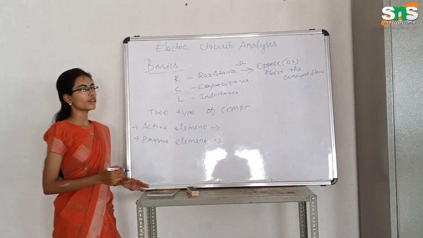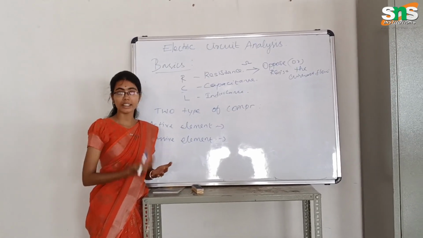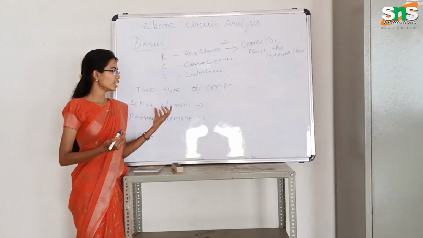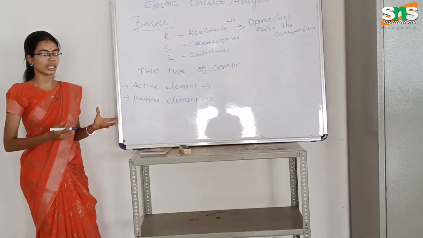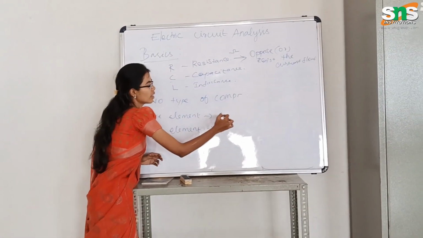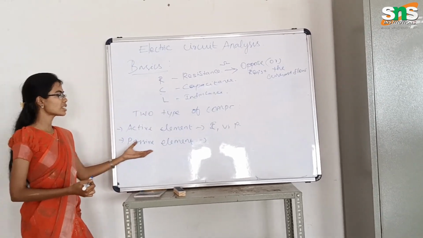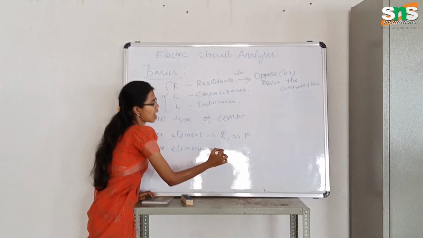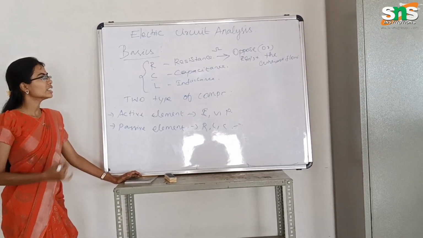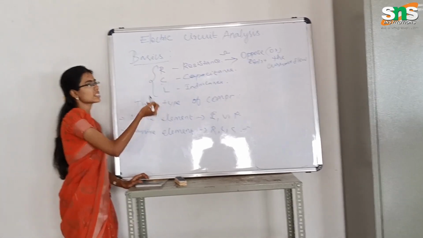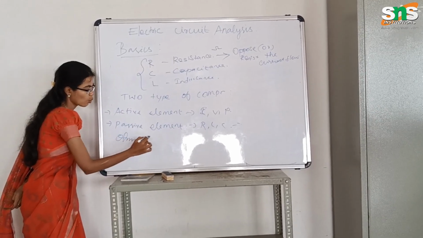In an active element, we have sources as elements. Whether we are using a current, voltage or power, we denote that as an active value, which may be short circuited, open circuited or anything else. So the current I, voltage V, power P are active elements. Passive elements are your components R, L, C and any other components. These resistance, capacitance and inductance have values which mainly operate on the principle of Ohm's law.